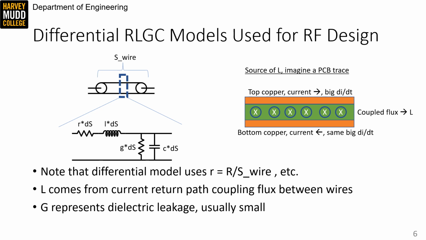Now, we've added these two elements, inductance and conductance. We need to include inductance because return currents and forward currents both create magnetic fields, and fields coupled between inductors is how you create an inductor. As an example, consider a wire on a PCB on the top copper layer that's running over a ground plane on the bottom copper.